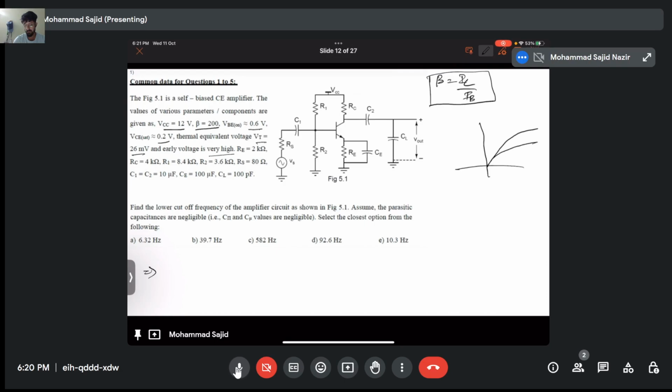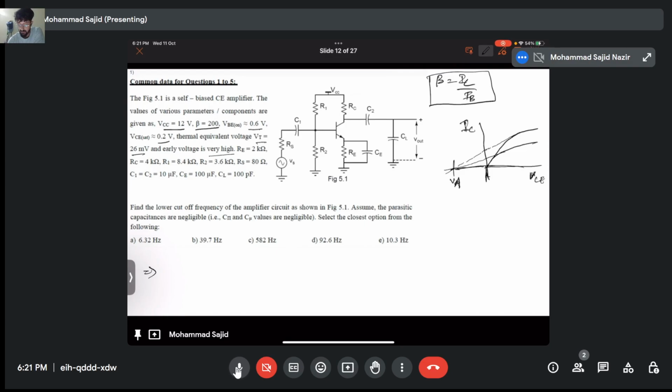And I draw the tangent similarly like this. This voltage is called the early voltage. The lesser the collector bias dependence of your collector current in saturation, the better. This VA value should be as high as possible.